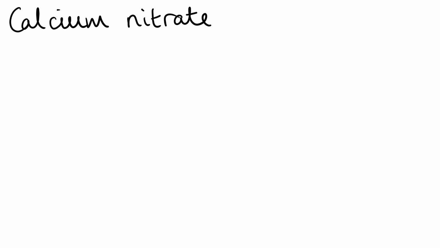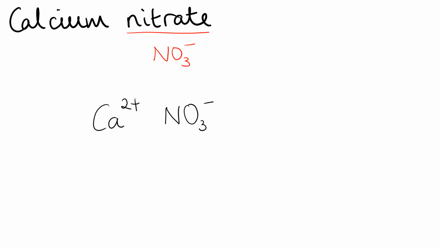One final example just to look at, we've got calcium nitrate. Now nitrate is another compound ion that you need to know, and that's NO3-. And we just said that the calcium ion is Ca2+ because it's in group 2. So Ca2+ and NO3-. We need the same number of charges so that they cancel out and we have a 0 charged compound.